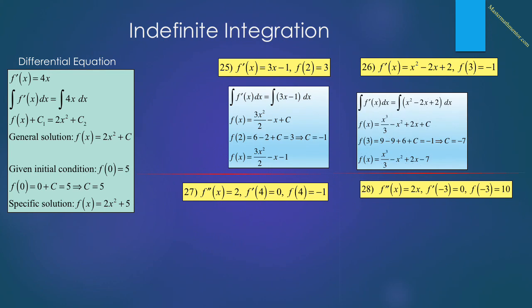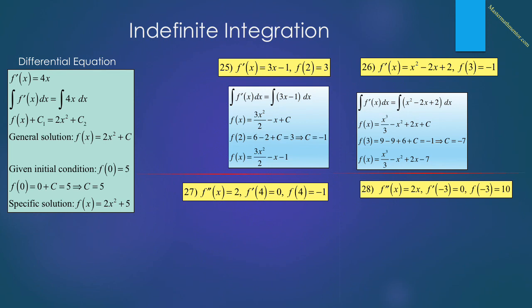26 reads f prime of x equals x squared minus 2x plus 2, and f of 3 is equal to negative 1. To solve this differential equation, we state that the integral of f prime of x dx equals the integral of x squared minus 2x plus 2 dx. And therefore f of x is equal to x cubed over 3 minus x squared plus 2x plus c.